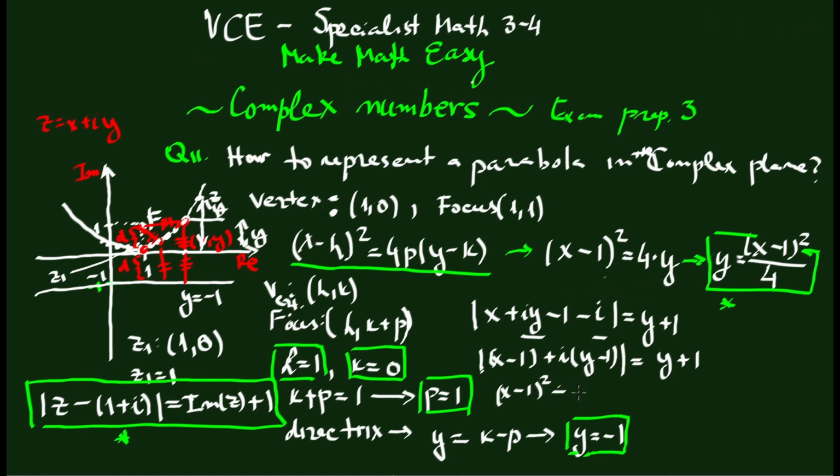So the modulus there is x minus 1 squared plus y minus 1 squared, and then square root of that, and to remove it you apply square root on both sides. So we can leave that step there, and the square root comes here, and here is y plus 1, then we put it to the power of 2. So the directrix is here. We can remove the directrix now.